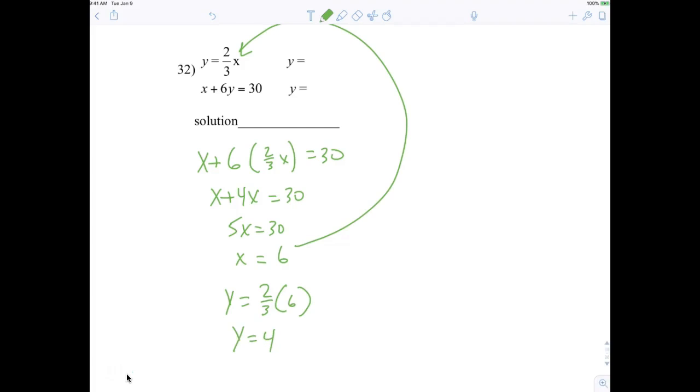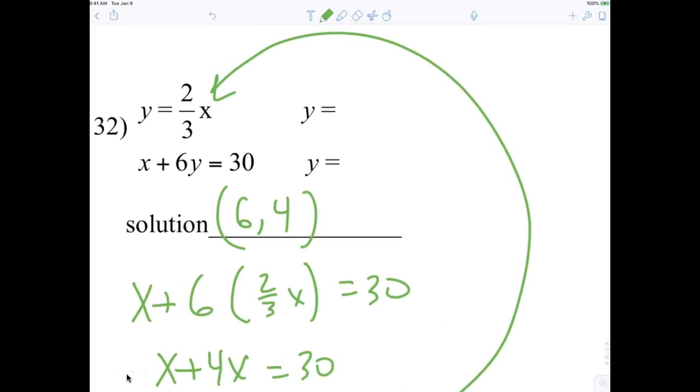And once again, if you're having trouble, you're not seeing the fraction, let me know. Let's clear it up. What's 2 times 6? 12 divided by 3. 6 divided by 3. Right? How did I do division? Because that's what this fraction bar is. Okay? So my answer is 6 comma 4.